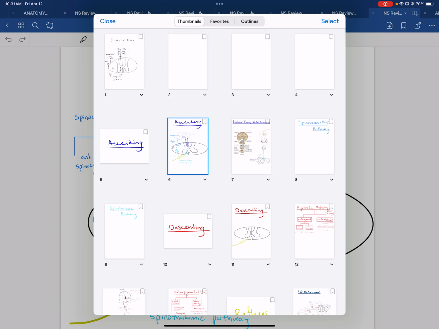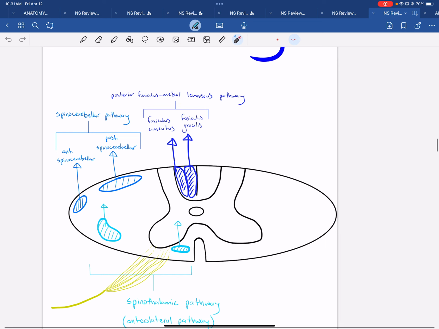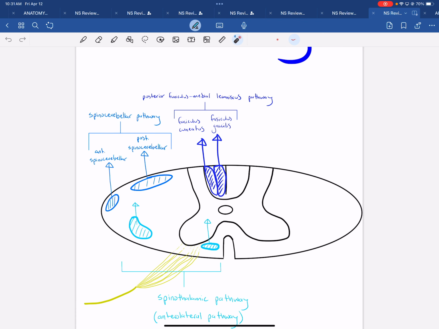Do cortical, and then spinothalamic tracts, anterior, lateral. Here, I'll give you a super overview of the sensory and motor tracts. Then we'll do one specific for each one, and then we'll try to do the autonomic nervous system, and that'll probably take the rest of the time.